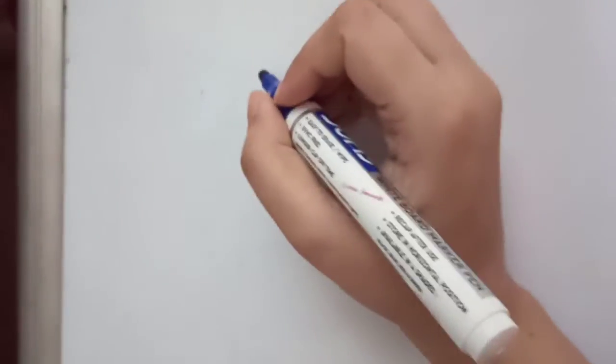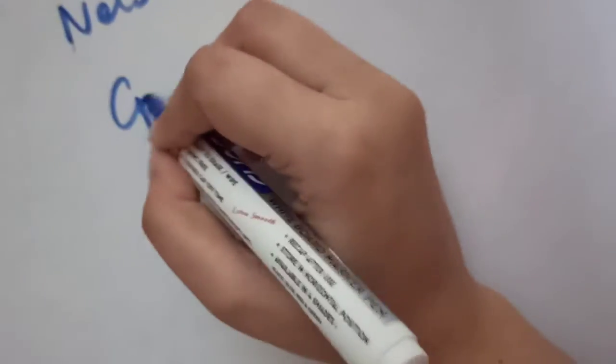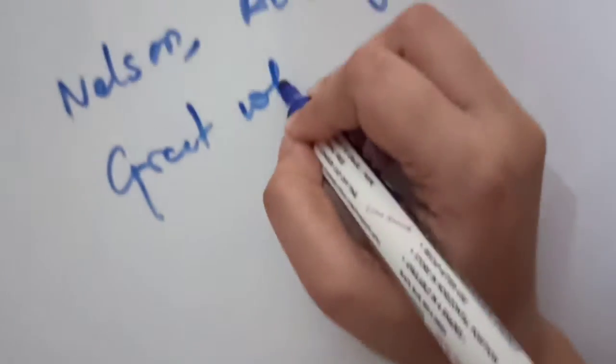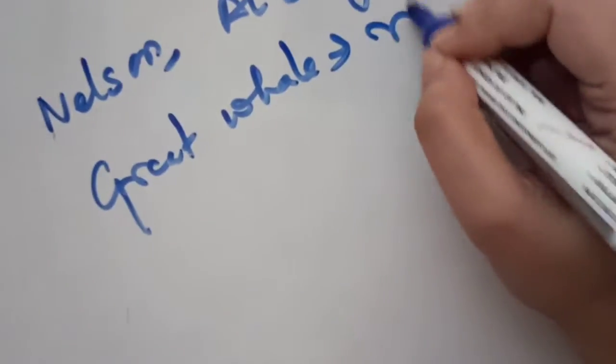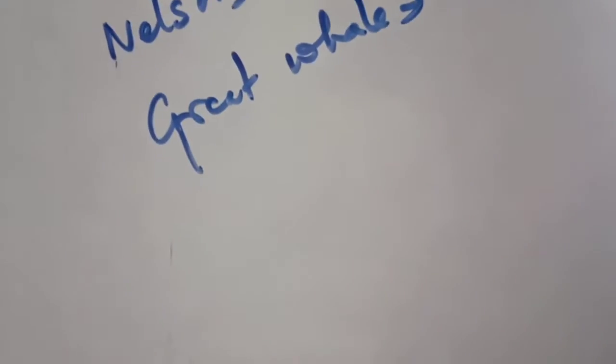Many rivers are found in this region, among them Nelson, Albany, Great Whale are some of the rivers that are found in the Canadian Shield region.